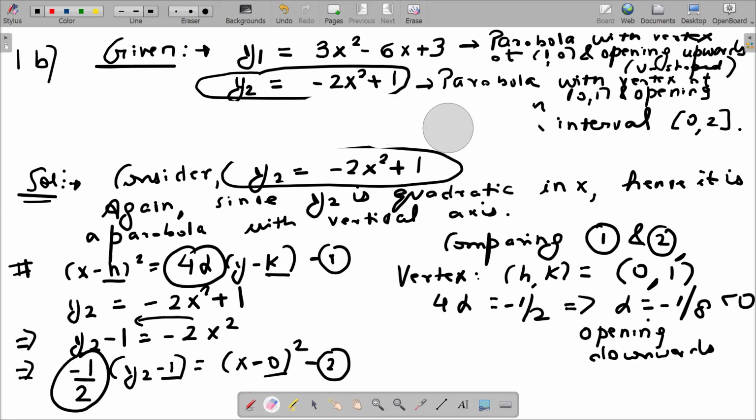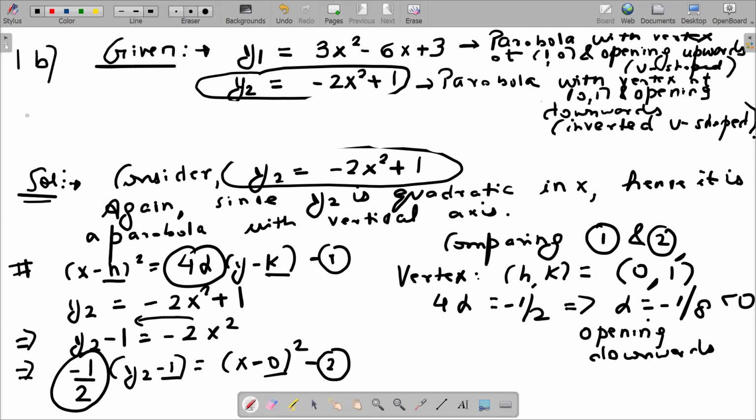Opening downwards, I can write inverted U shape. Now, what do we need to do? Let me write this clearly so that all students can copy this properly. Inverted U shape.